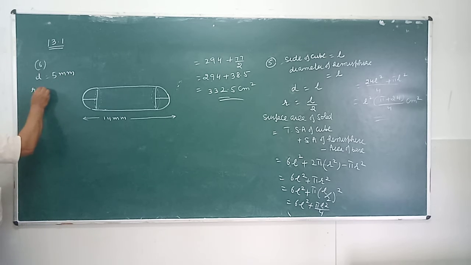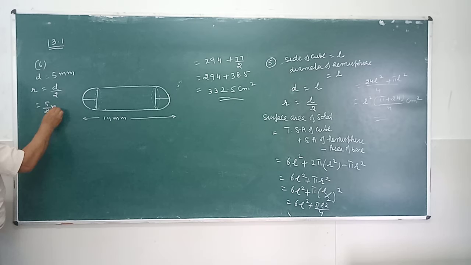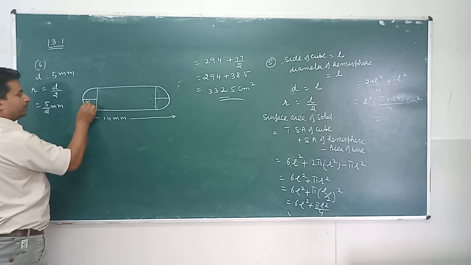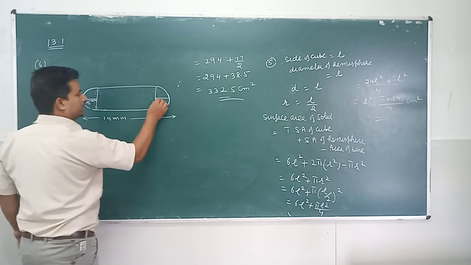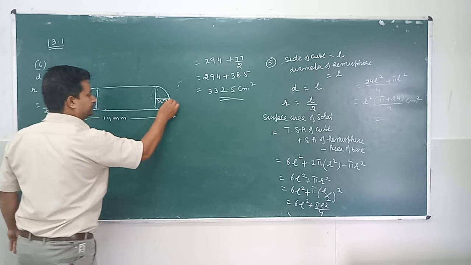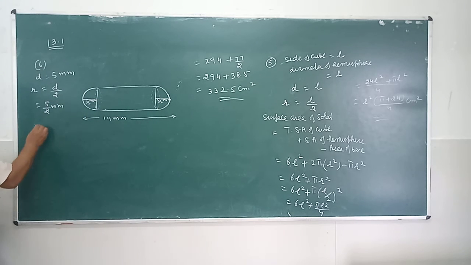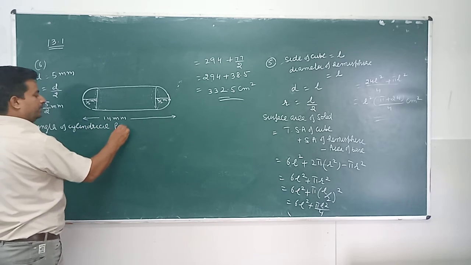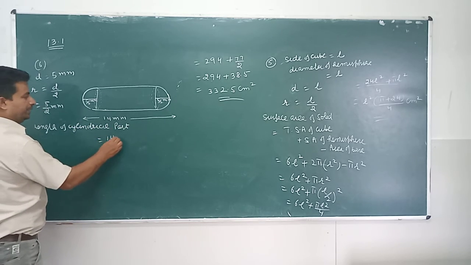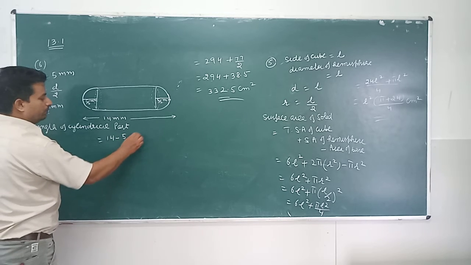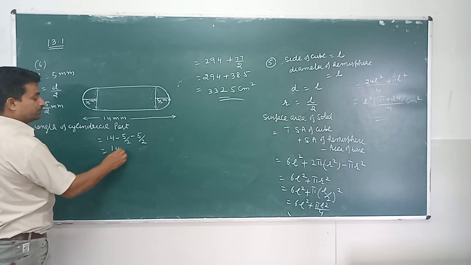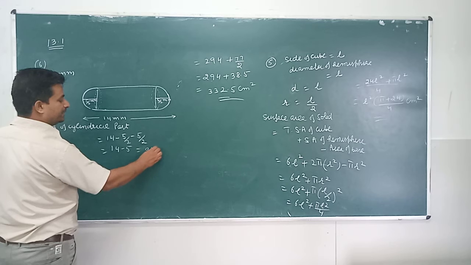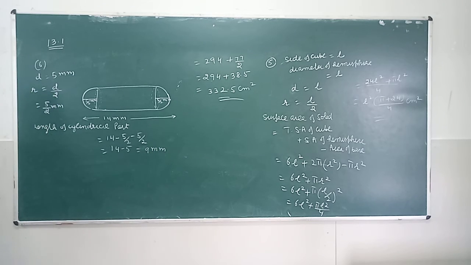So its radius is d upon 2, which is 5/2 mm. This side is 5/2 mm and this is also 5/2 mm. So for the length of the cylindrical part, the total length is 14 minus 5/2 minus 5/2, which becomes 14 minus 5, so 9 mm is the length of this cylinder.